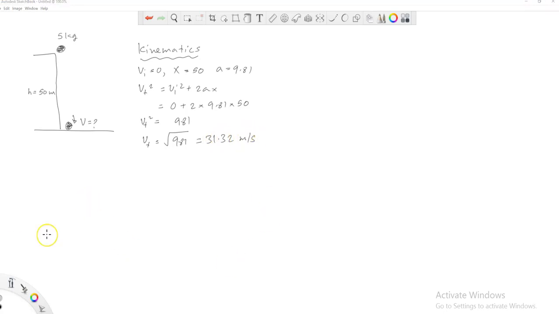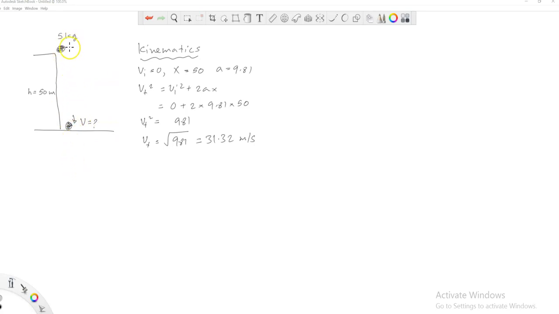Alright, so now let's try the same thing using energy conservation. We're not going to use kinematics. We're going to try to find the final velocity using energy conservation. So what do we do?